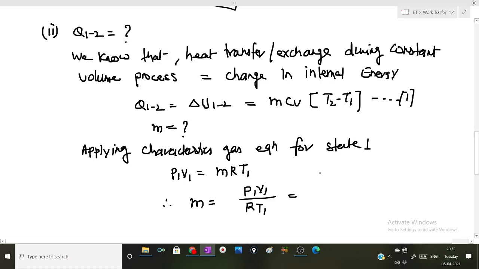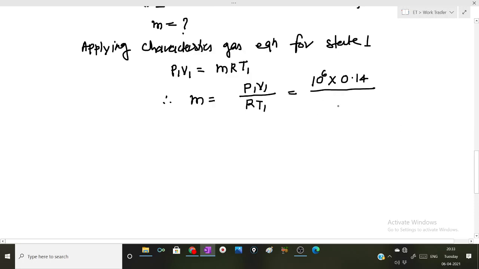Let us put all the values. The value of P1 is 10 to power 6 Newton per meter square. V1 is 0.14. The value of R is given as 0.287 kilojoule per kg per Kelvin, which will be 287 joule per kg per Kelvin, and T1 is 523.